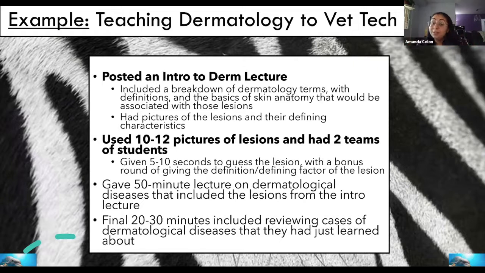Then as soon as they come into class, I have a little slideshow that I did with PowerPoint, which we can also morph into online teaching. Especially in Blackboard Collaborate, they can be the first to raise their hand if they want to answer and tell us what the picture is, using the dermatology term. Then they get a second opportunity to share the knowledge by describing why that particular picture applies to that particular lesion.